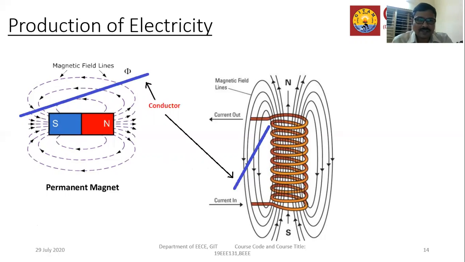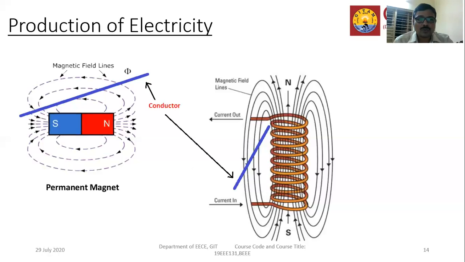So to have a d phi by dt linking with this conductor shown in blue color, whether you have to move the magnet or move the conductor, then only the flux lines linking this conductor will change.